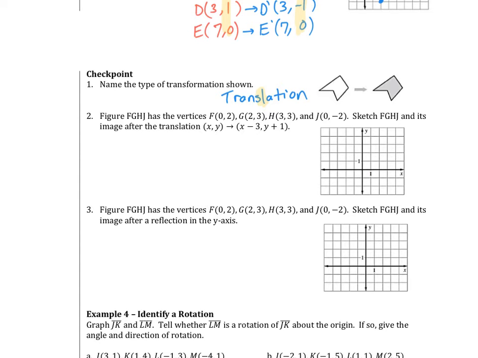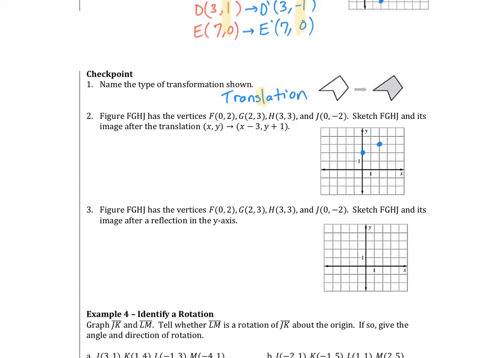Number 2, figure FGHJ has the vertices 0, 2, 2, 3, 3, 3, and 0, negative 2. Sketch FGHJ and its image after the translation of x minus 3, y plus 1. So let's start with FGHJ. F is at 0, 2. G is at 2, 3.